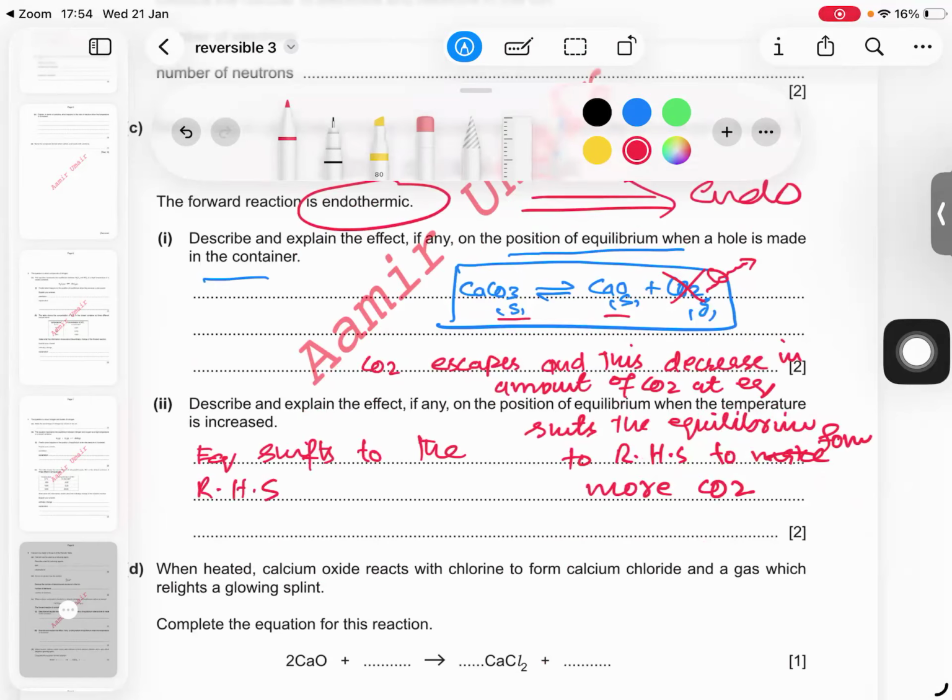Why it shifts to the right hand side, you have to explain. As this reaction is endo, meaning endothermic, to the right hand side, so it absorbs energy going forward.